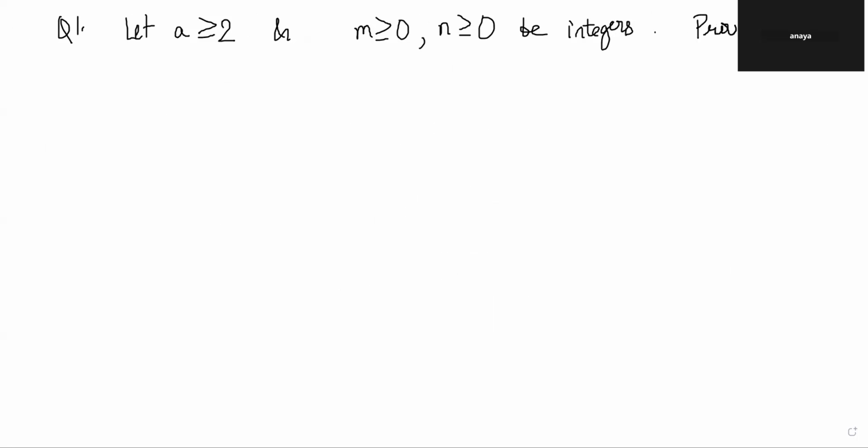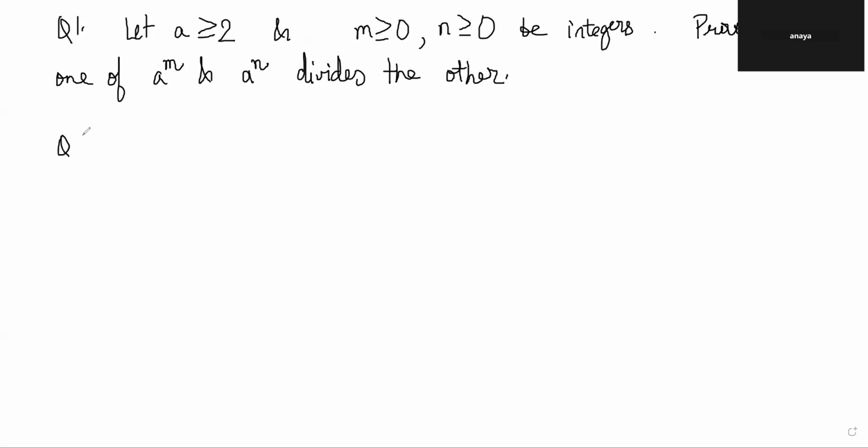Prove that one of A power M and A power N divides the other. Use the definition to prove it. Don't try anything else, just the definition.